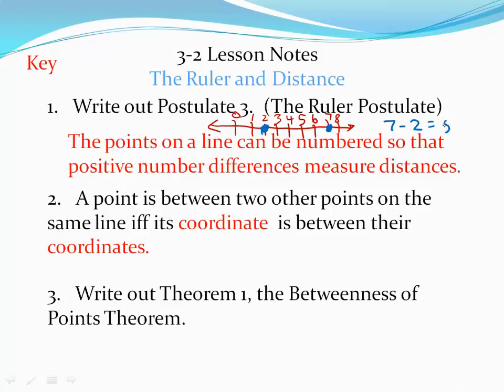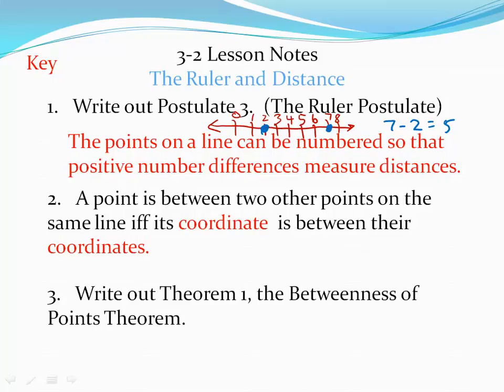The distance is 5, a positive number difference. That measures the distance. And with a ruler, you don't have to measure from the 0. You can measure from any place on the ruler and then just find the positive number difference between where you start and where you end, and there you have your distance.